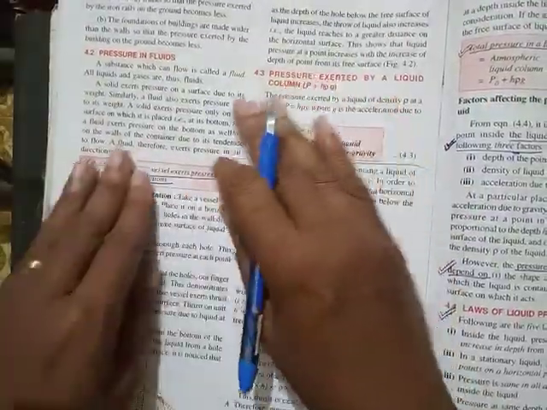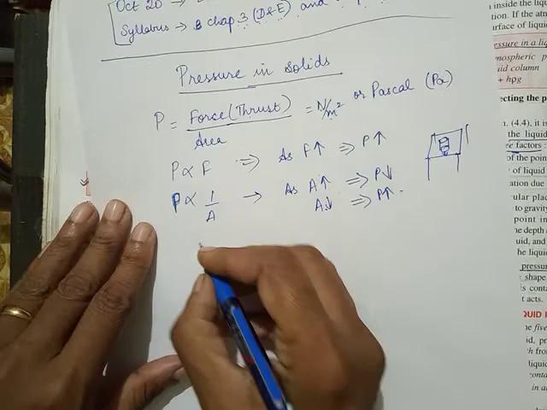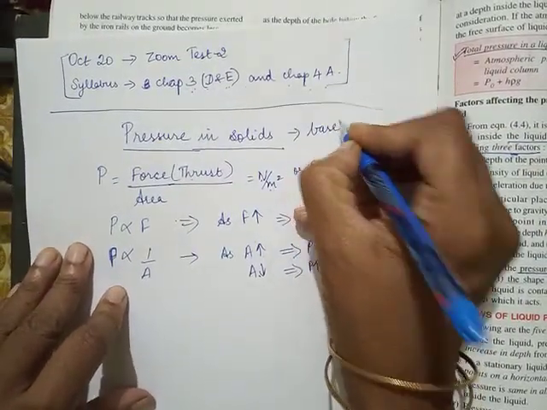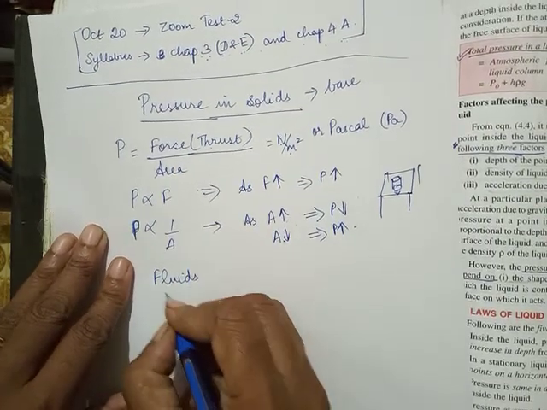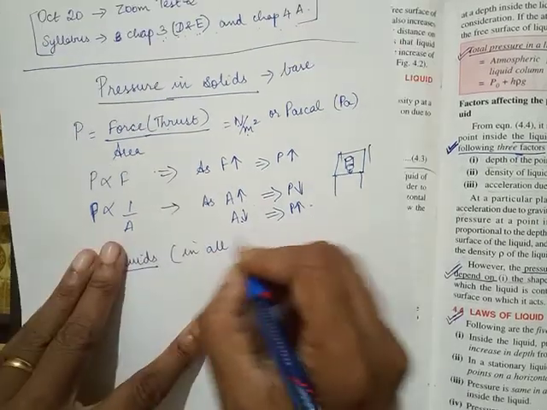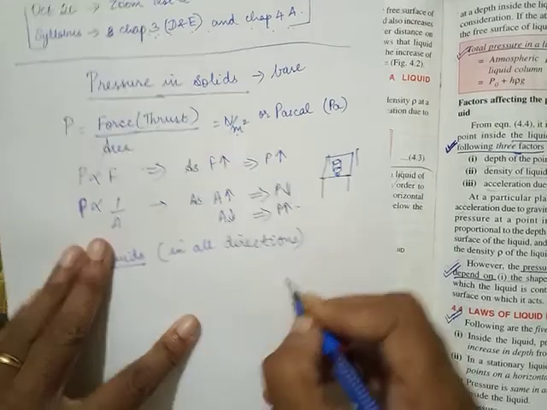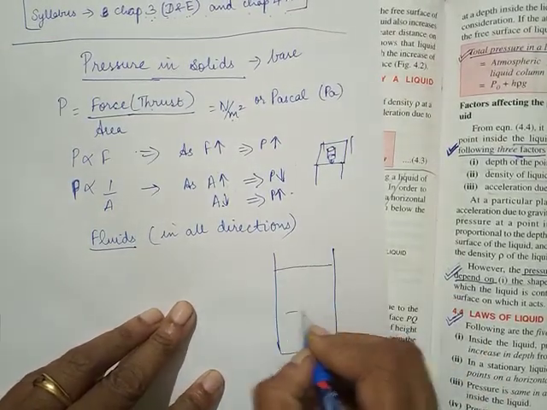The chapter actually starts with pressure in fluids. Now, what's the main difference between pressure in solids and pressure in fluids? Solids can exert pressure only at the base, but fluids, which include gases and liquids, exert pressure in all directions. Suppose you take a liquid in a beaker.